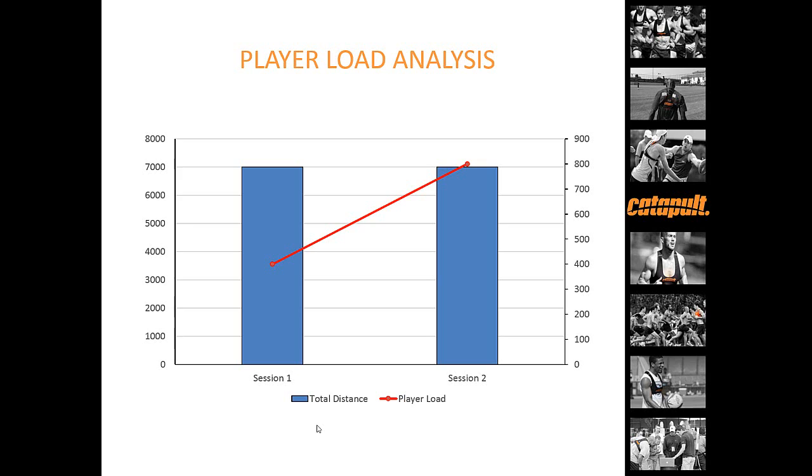So this example should illustrate it for one player. And then what we're trying to say here is that even though he's done the same external work, his player load has actually increased quite a lot, substantially, almost double. So then that might indicate that he might be carrying some sort of injury, or he might be less efficient in his movements. And this might explain why this type of data is being shown here.